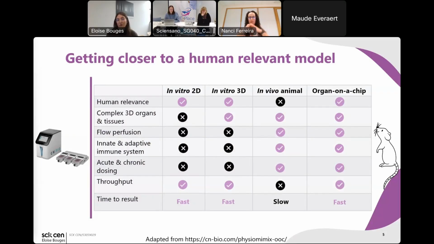It allows getting closer to human relevance, notably by the possibility of using 3D organs and tissues that can be derived from patients. It allows flow perfusion. You can also represent the immune system in general and the presence of acute or chronic dosing. It gives high throughput, but also fast time to result.